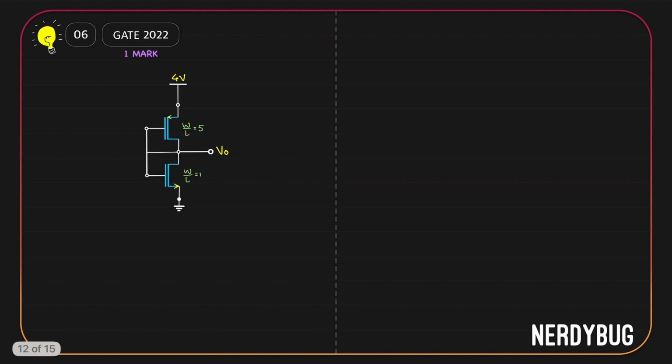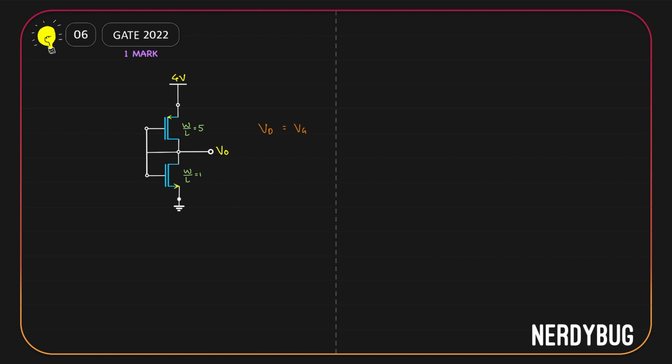Let us find that. The first thing you have to notice in the circuit is this. For both MOSFETs, gate and drain are shorted. You can see that for the pMOSFET and also for the nMOSFET. Now, what is the significance of drain and gate being shorted? VD will become equal to VG.